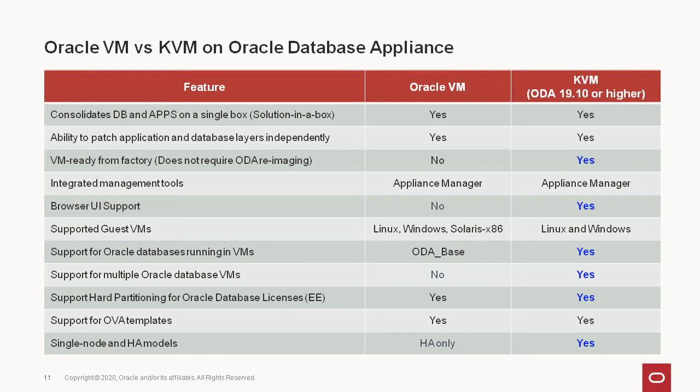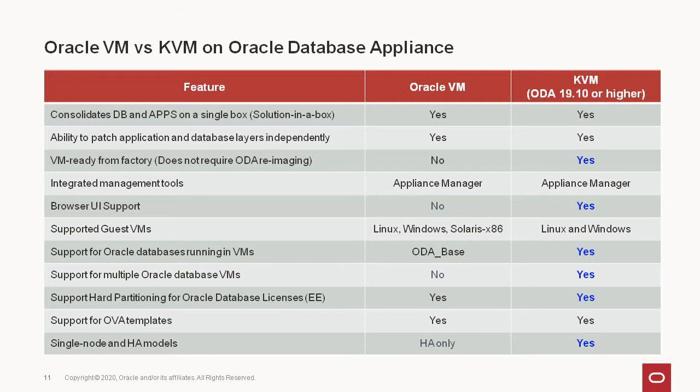In fact, you have to have the bare metal ODA deployed before you can create a KVM for database or the database systems. So you don't have to go through the reimaging process when you want to virtualize. And then we have browser user interface support that's not available on OVM.